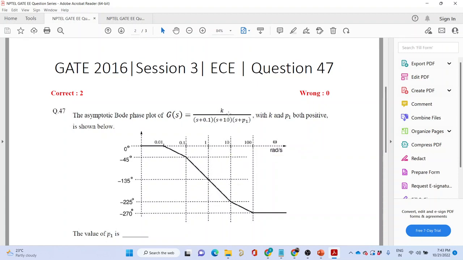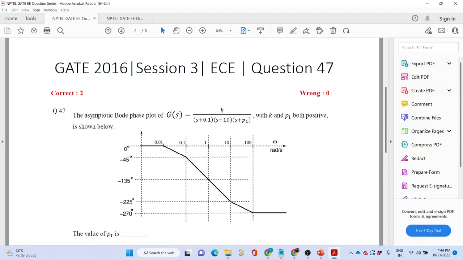Now look at the other pole that we have, 10. So 10 is over here, and this is the s equal to 10 point, and we see that from s equal to 10 to s equal to 100, the slope is again minus 45 degree per decade.